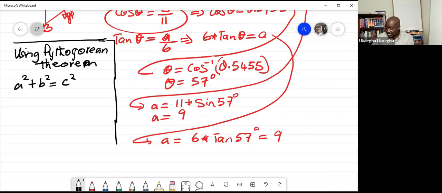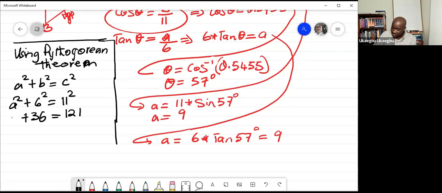So for those who did not respond, what you should have done, we are looking for A, so just say A squared plus B, which is 6 squared, equal to C, which is 11 squared. And you evaluate it. So 6 squared is 36, and 11 squared is, I think, 121. Am I correct? Yes.